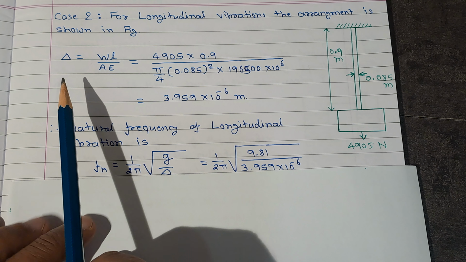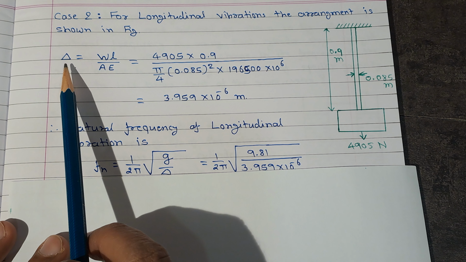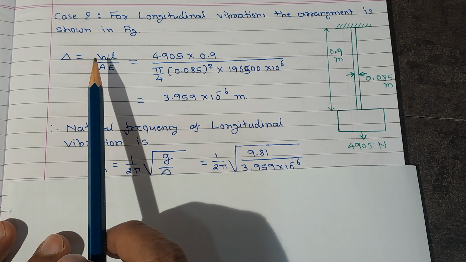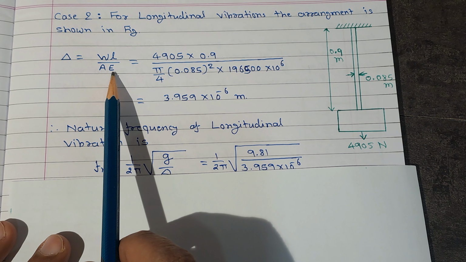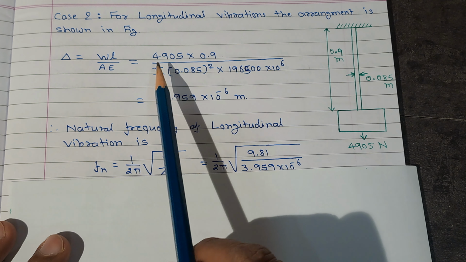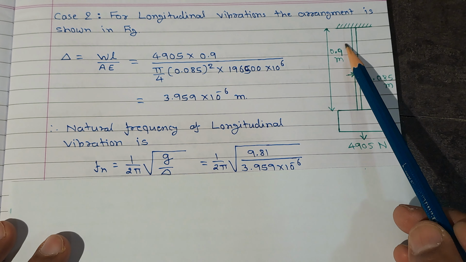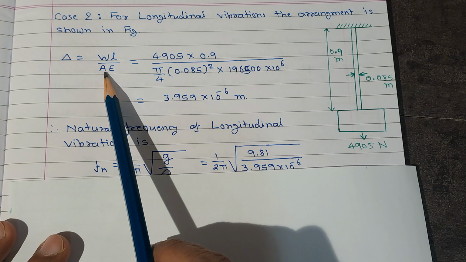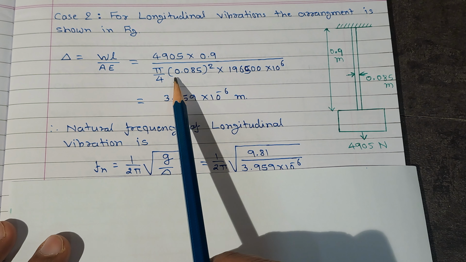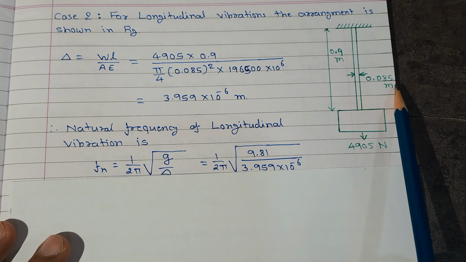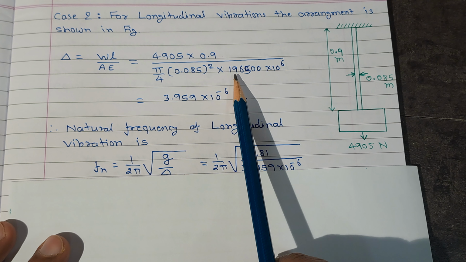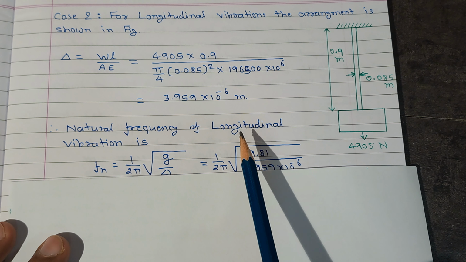So we know that in this case the deflection because of this weight acting, delta, is equal to W into L upon A into E, where W is the weight acting, that is 4905 Newton, L is the length, it is 0.9 meter, A is the cross-sectional area of this rod, so it is pi by 4 into d squared, and d is 0.085 meter, into E, that value is known to us, 196,500 into 10 raised to 6.